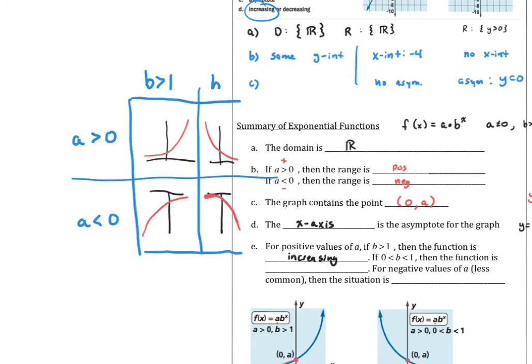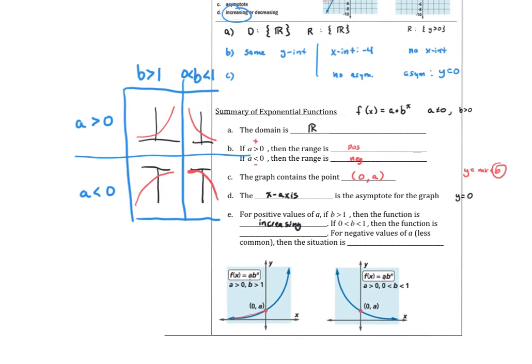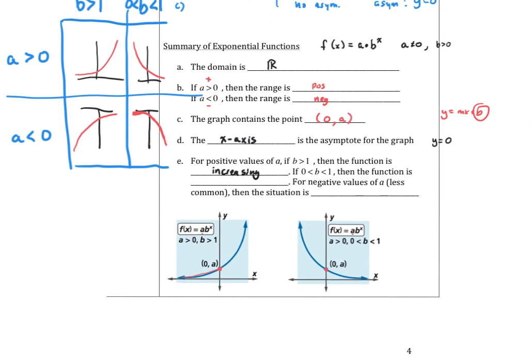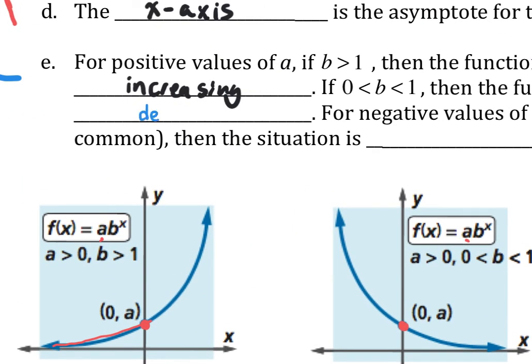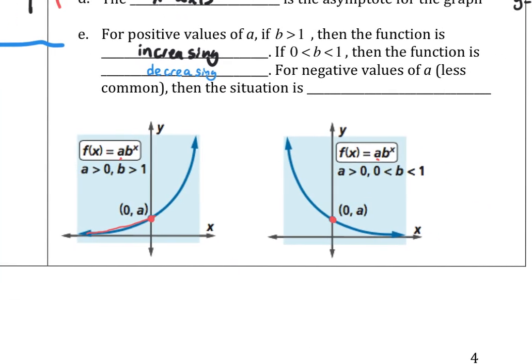So over here, b is less than 1 but also greater than 0. If b is between 0 and 1, then the function is decreasing. And again, that's what this looks like here. It goes down, and again, it's decaying. It's going down, but never going away completely, like radioactive material.